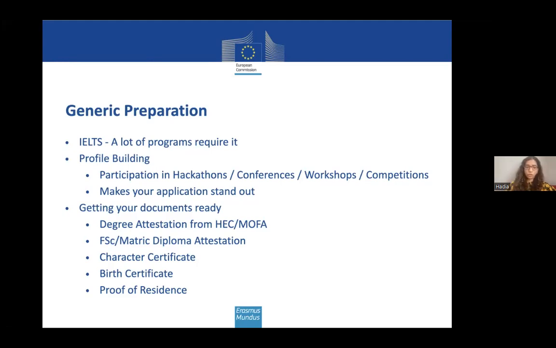So that's why you need to define whether you are applying as a program country applicant or a partner country applicant. Proof of residence proves that you are living in Pakistan. You can get this from your local municipal office, or you can get it from your local consulate, but get it ready as soon as possible as well, because you will need it either while applying or after getting selected.